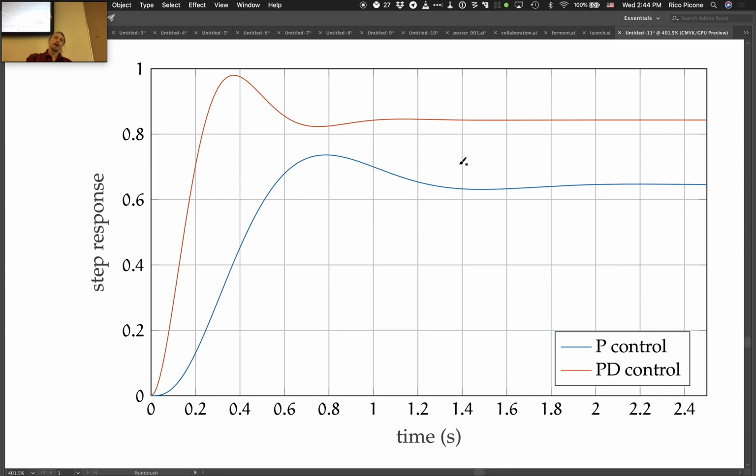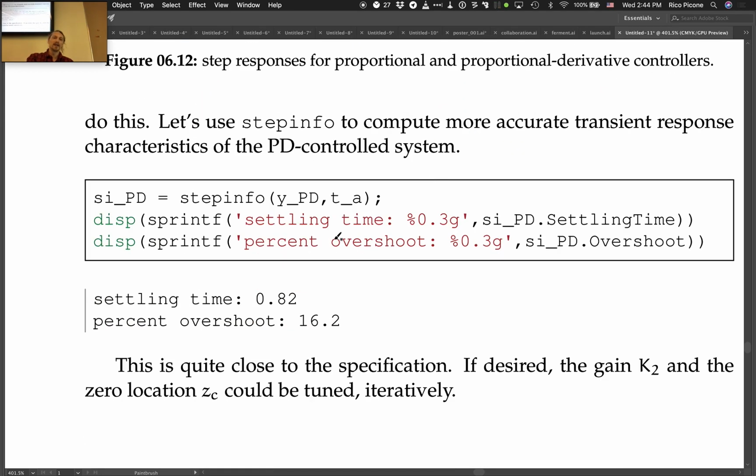Okay, good. So PD control, it definitely improved the settling time, but let's actually figure out what it is using step info. So the settling time that we got is 0.82, which we were going for 0.8, so that was pretty good. And the percent overshoot is 16.2. We were going for 15, so we're pretty close to the spec.